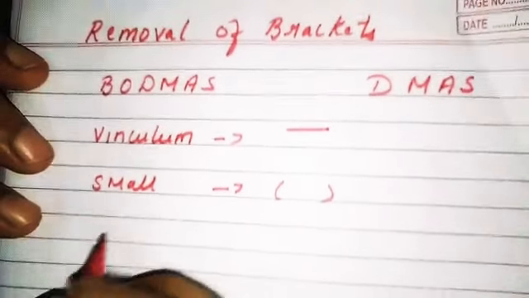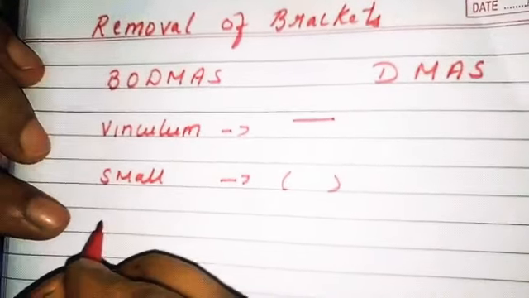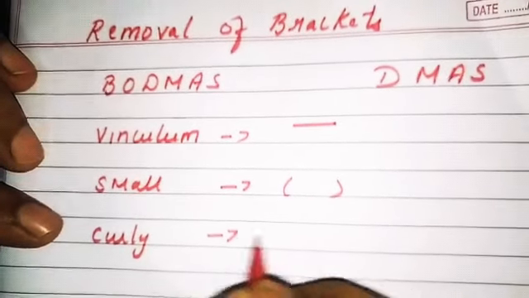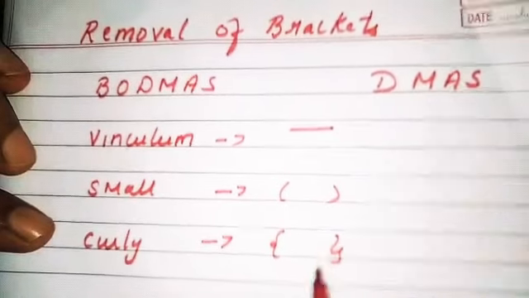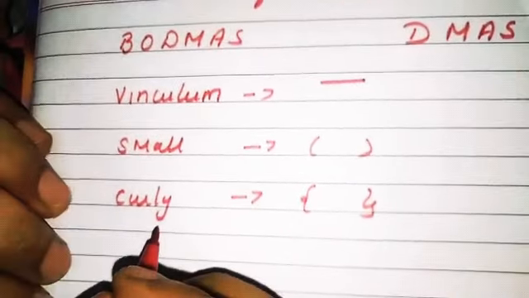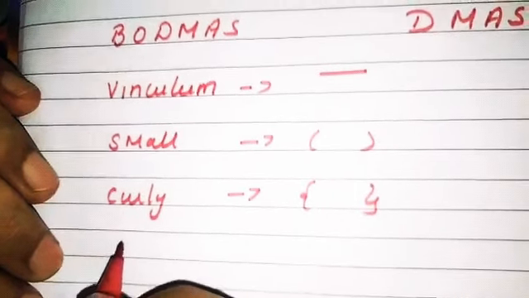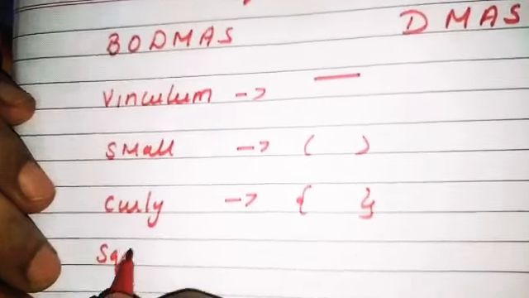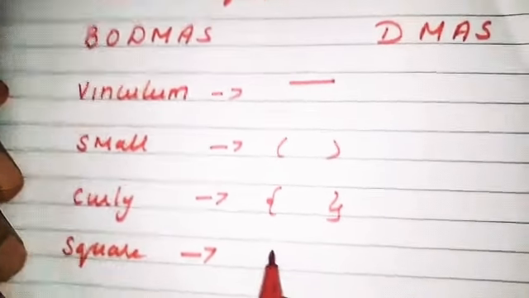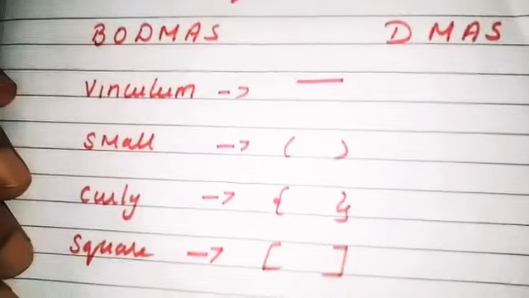The third kind of bracket is a curly bracket, also called a flower bracket, and it is in this form. And the last kind of bracket is the square bracket, which is symbolically represented, as we all know, like this.